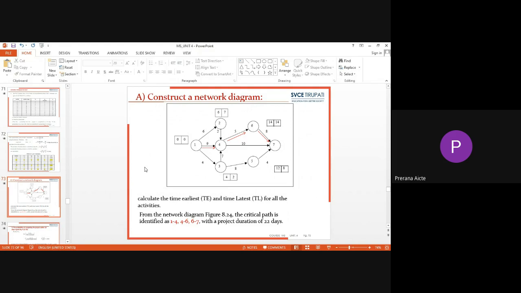So we can determine that this particular path, 1-4, 4-6 and 6-7, is the critical path, and the total duration of the project is 22 days. In this manner, one can construct the project network diagram.